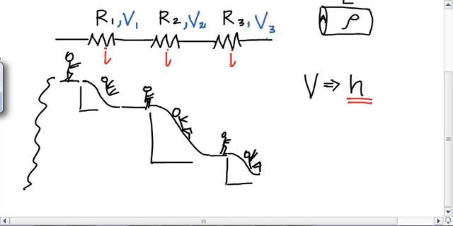So they can have different heights or different voltage changes. But isn't the total height equal to the height that they climbed up? So the total voltage of all three resistors is the sum of the voltage of each one. Like the sum of all the stairs you had to walk up is equal to the sum of all the heights that you slid down in our little water park analogy.